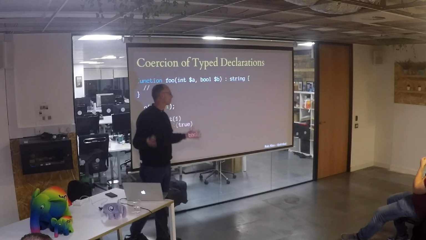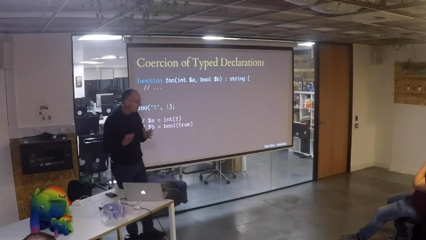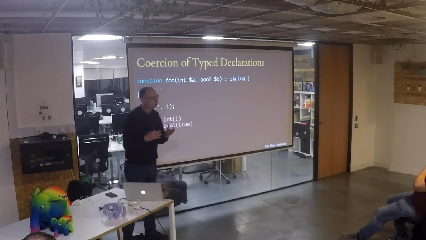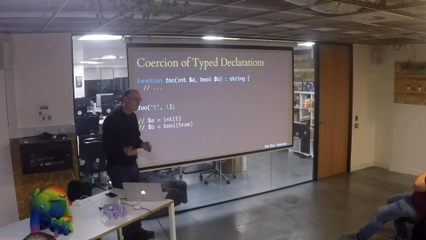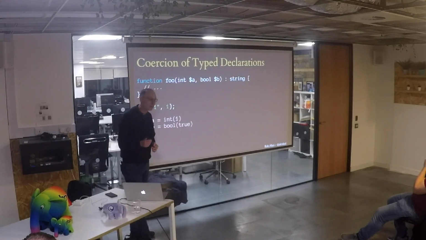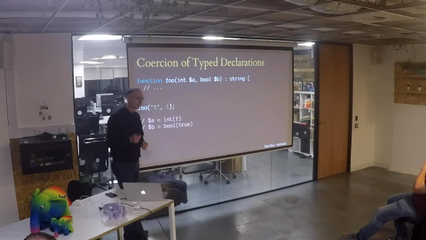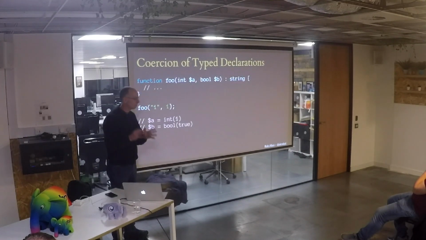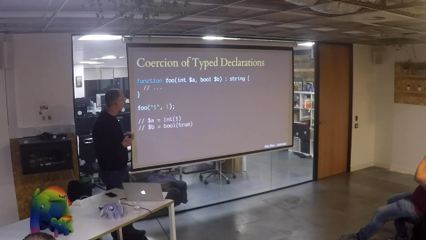PHP is dynamically typed. PHP type juggles. When we introduced function type declarations, we enabled type juggling to continue. And we call that coercion. So it sounds a little bit like bashing something. It sounds a bit strict. PHP will type juggle for you if it can, under normal circumstances.